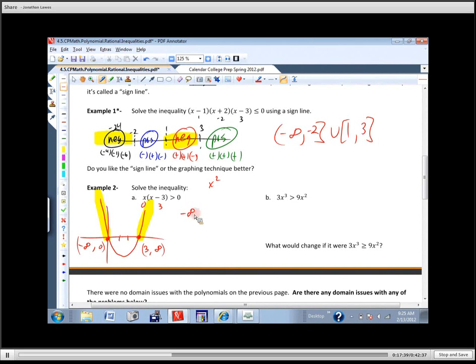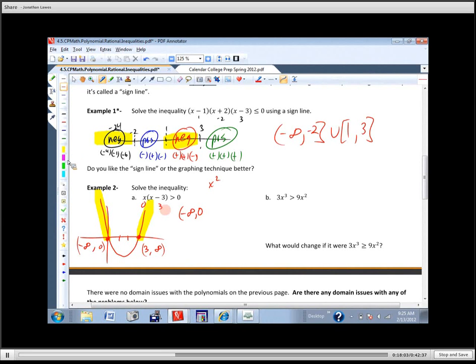Negative infinity all the way to 0. Oops. Round here. What about around 0? Square? Why square? What's the inequality? It's a greater than. This is just where is it above the x-axis, not where is it on the x-axis. So we don't count anything that's on or below the x-axis.